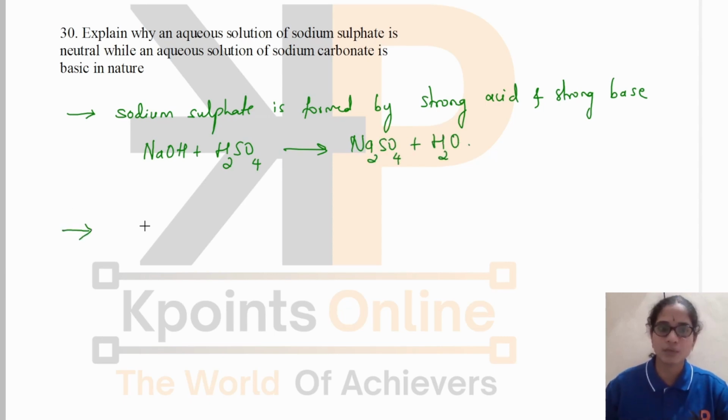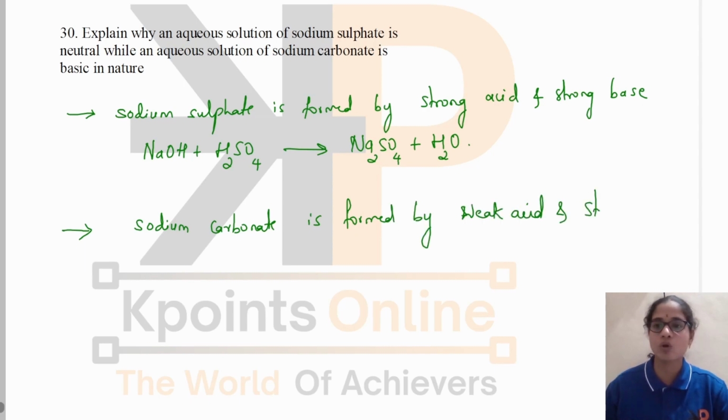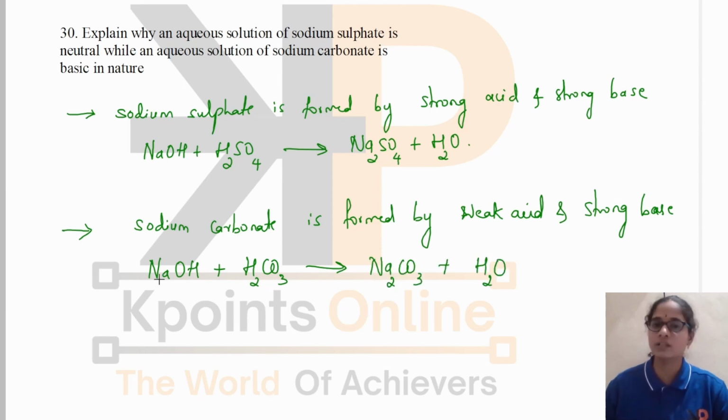Whereas sodium carbonate is formed by a weak acid and a strong base. When sodium hydroxide and carbonic acid react, we get sodium carbonate. This is the reaction. In the first case, the neutralization reaction is between a strong acid and a strong base, so the resulting salt will be neutral.